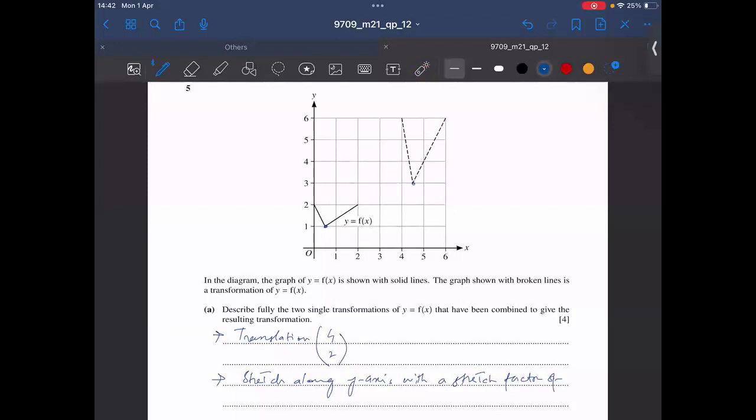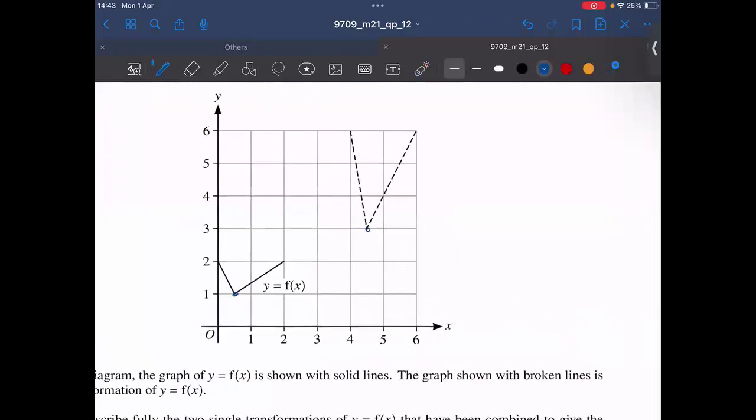So we have 1, 2, 3, 4. So translation is 4. So if this graph would have been just translated, it would have been like this. Let me show it to you. Would have been just like this.